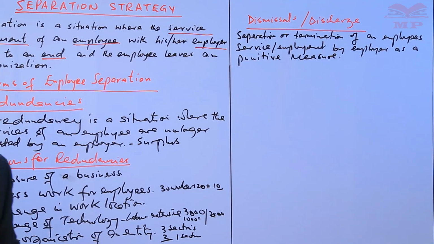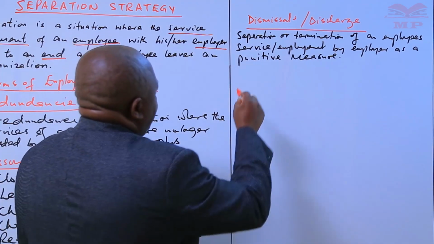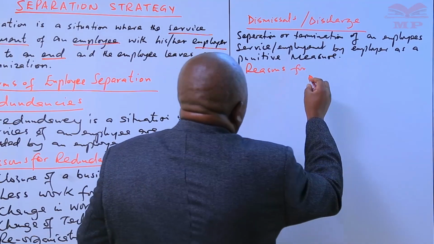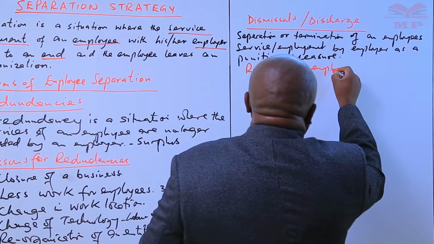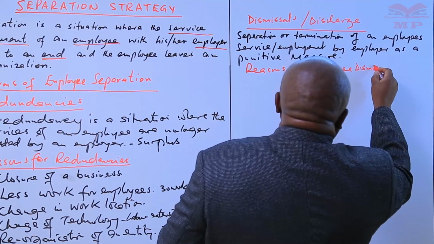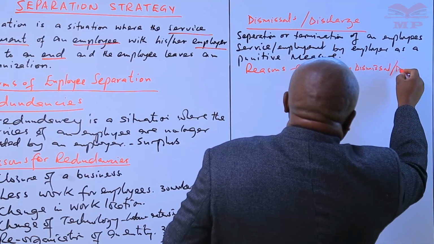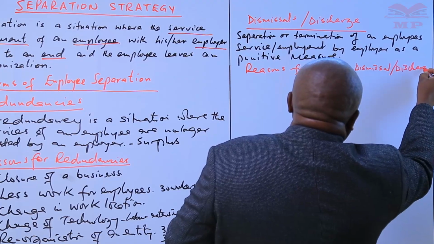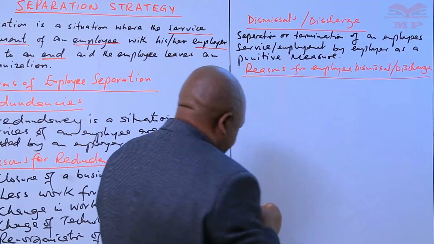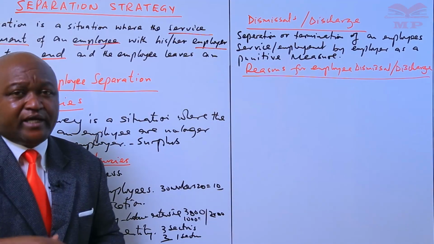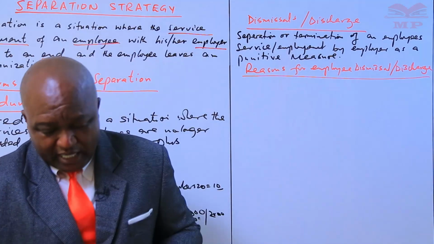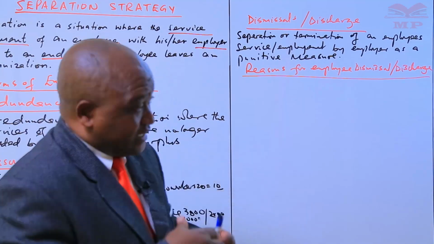So what are some of the reasons for employee dismissal or discharge? What could be some of the reasons in a work environment that can make an employer dismiss an employee? There are several reasons.